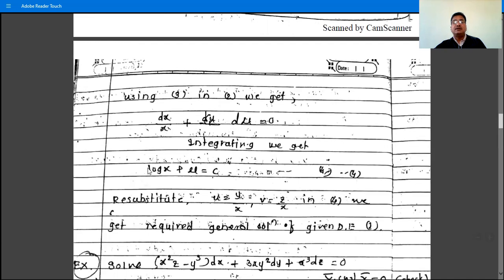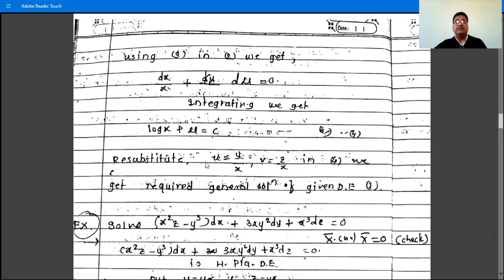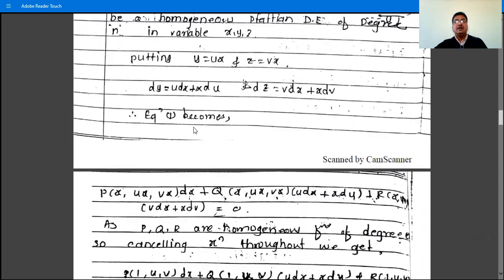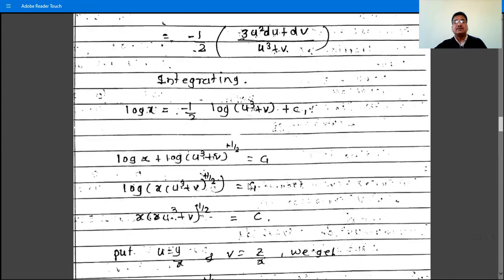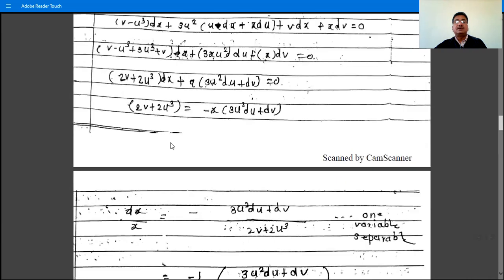Integration of 1 by x is log x, plus integration of d mu is mu, equal to a constant, and this is the solution of that equation. After resubstituting u is equal to y by x, because y is ux, so resubstitute u as y by x and v as z by x, we get the general solution.